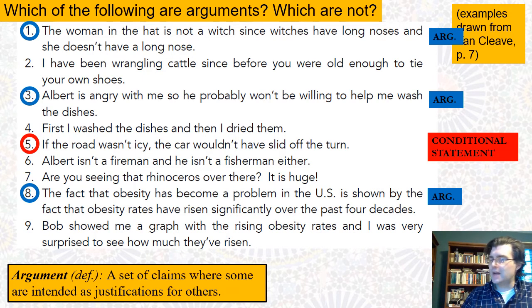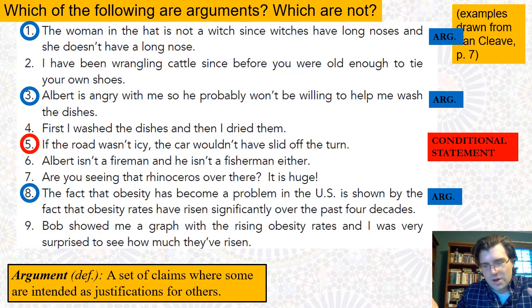What is that except for one thing to provide evidence for another thing, or one thing to justify belief in another thing, right? And so that "is shown by" is a clue that the claims in this passage are related to one another, where one is supposed to provide evidence for the other, and that is what defines an argument. So that's part of how we can tell that 8 is an argument.